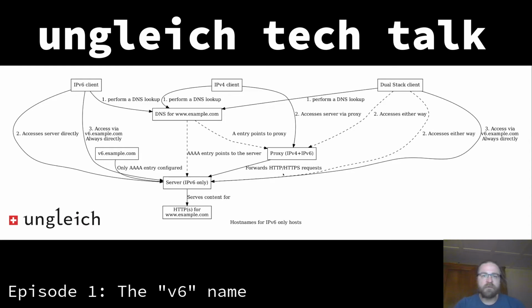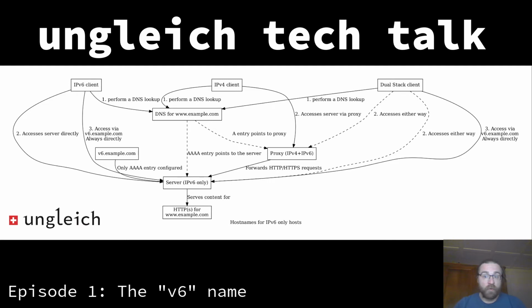But in case of the dual stack client, it is not guaranteed which path it will take. Usually browsers are using the happy eyeballs algorithm, which basically says try to access both ways in parallel and use the one which is faster, which still doesn't say which way it takes, but it should take the better one.